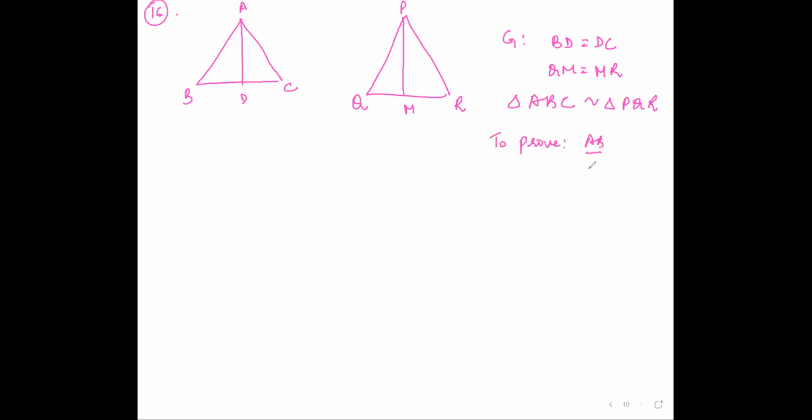that AB by PQ is equal to AD by PM. So it's better if you mark AB by PQ. That means this side you have to show to be proportional to this. And then you have to show AD, this proportion to this, right? So that means these small triangles you can show similar.